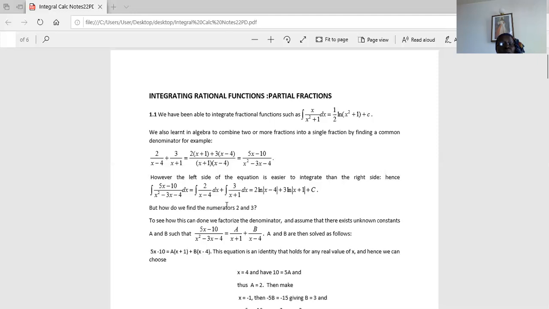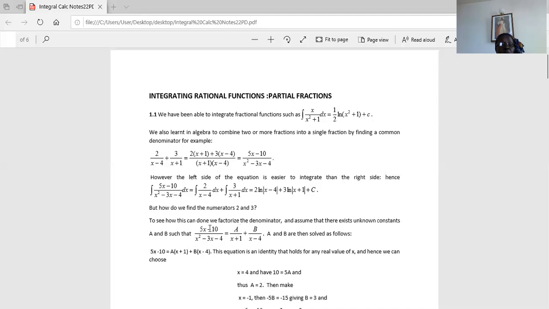So how do we find the two numerators so that we end up with these two fractions? We had done that, and remember, we have two factors from x squared minus 3x minus 4. That is what directs us to how many fractions we can form from one function, and each factor makes a fraction.